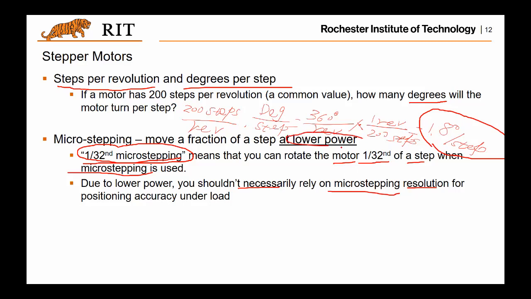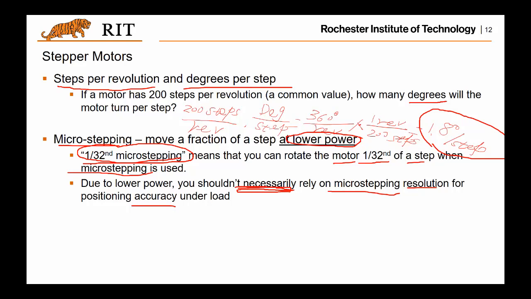But on the other hand, you don't necessarily rely on the micro stepping resolution, because you are using a lower power or lower current to realize this micro stepping, and there's no guarantee on the accuracy. So you will probably have something close to 1.8 times 1/32, but you don't want to rely on it, because there's no guaranteed precision on such micro stepping.